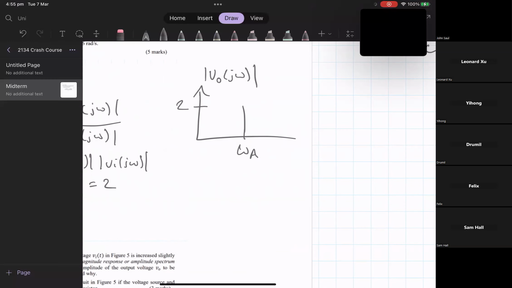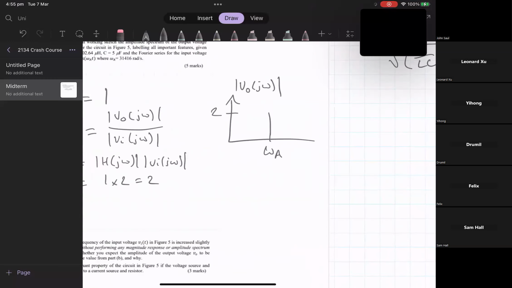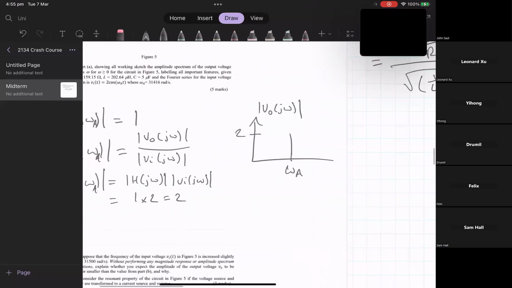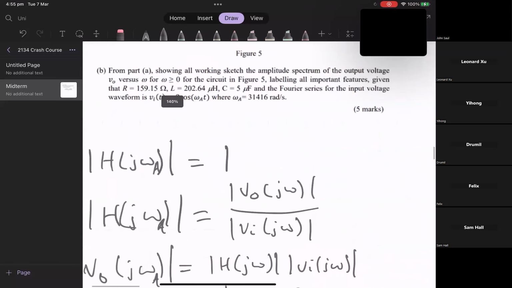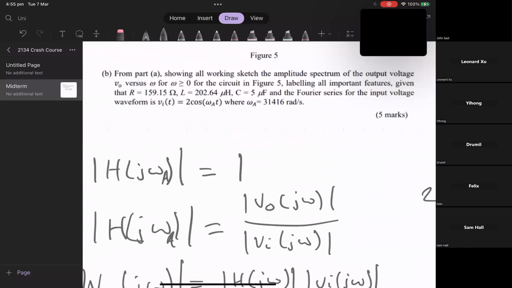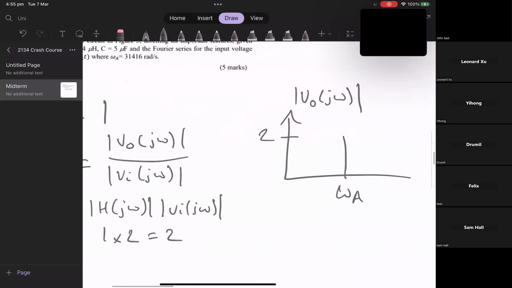Is anybody unsure as to why we can simply write this as our magnitude spectrum? Omega A is specified here as the frequency of our input sinusoid. So we only have one frequency component and it's a sinusoid, so we expect to see only one peak in our magnitude response, which is what we get.